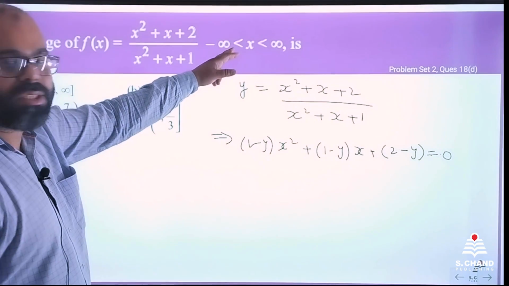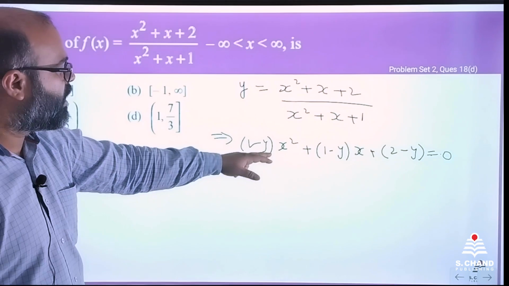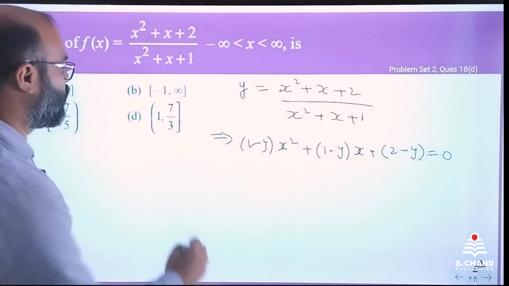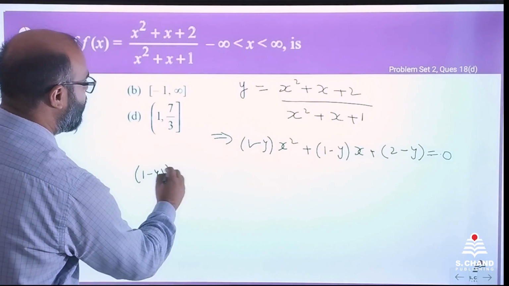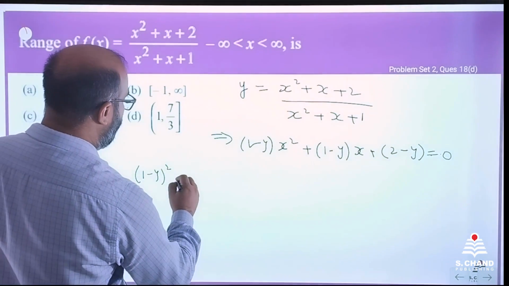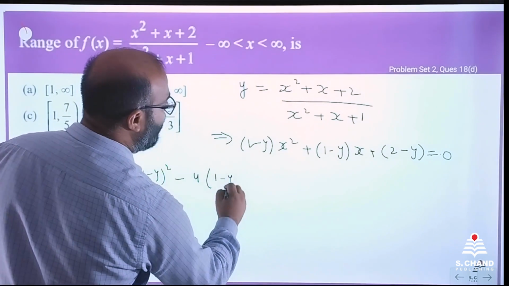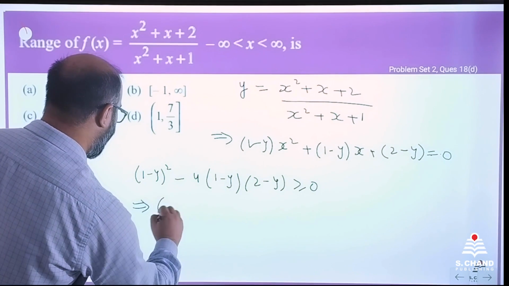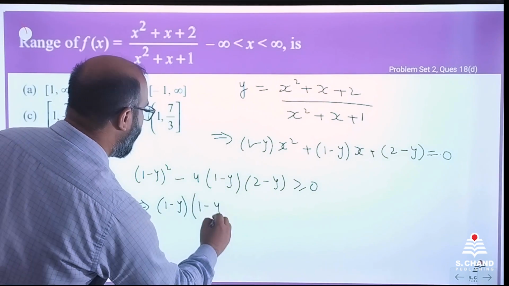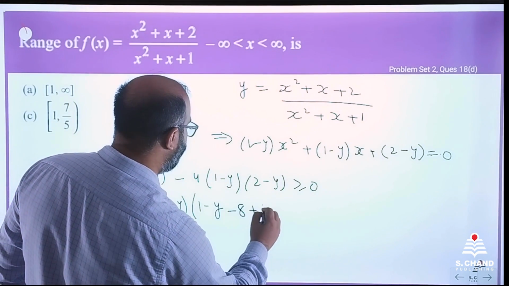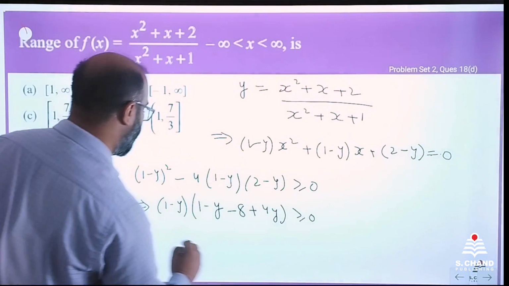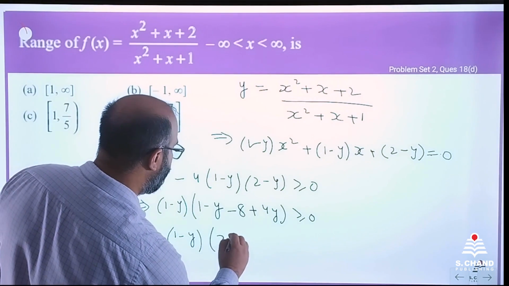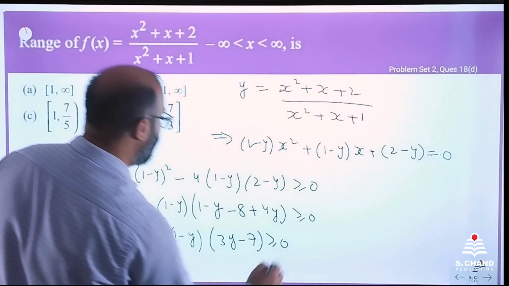Now if x is a real number from minus infinity to infinity, then this quadratic in x will have real roots, which means the discriminant is greater than or equal to 0. So (1 - y)² is actually b² minus 4 into (1 - y) into (2 - y) is greater than or equal to 0. So you take (1 - y) into (1 - y - 8 + 4y) greater than or equal to 0. So this will become (1 - y)(3y - 7) greater than or equal to 0.